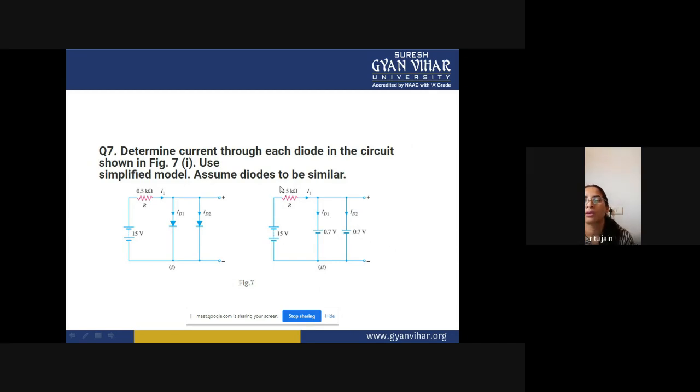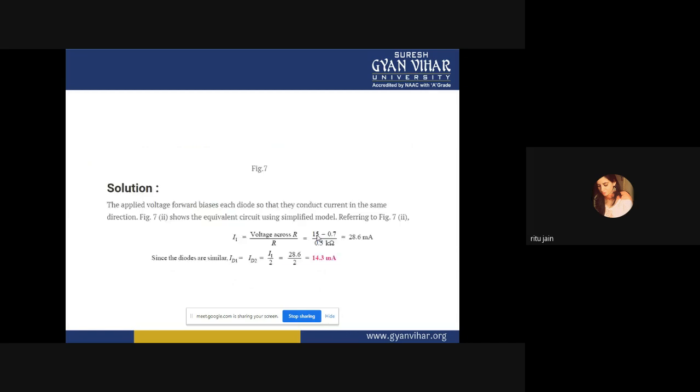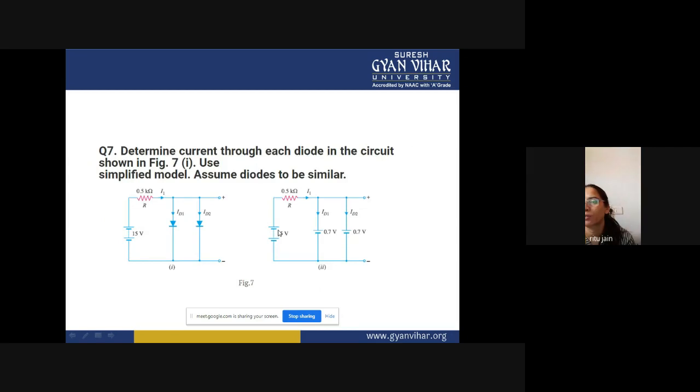Okay. Now, second thing, you can apply KVL in this loop. If you apply KVL in this loop, you will get 15 minus I1 into 0.5 and minus 0.7 volt. So this is the loop equation: 15 minus 0.5 into I1 is equal to 0.7 volt.